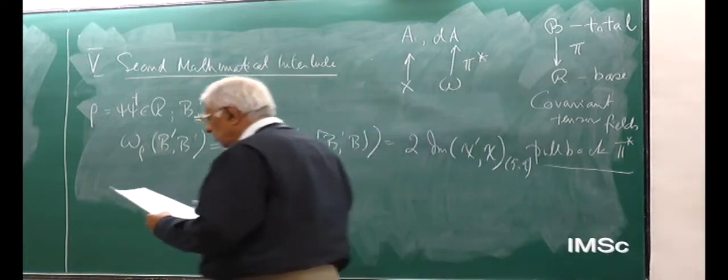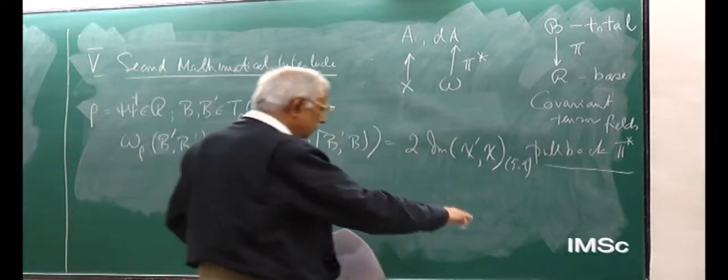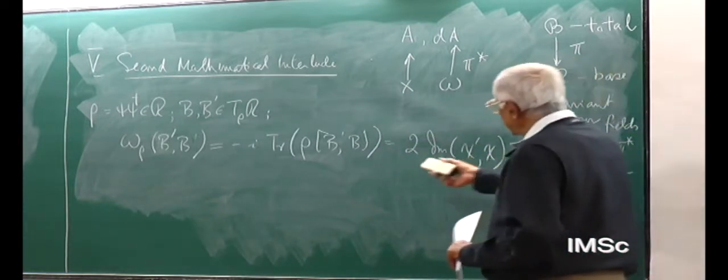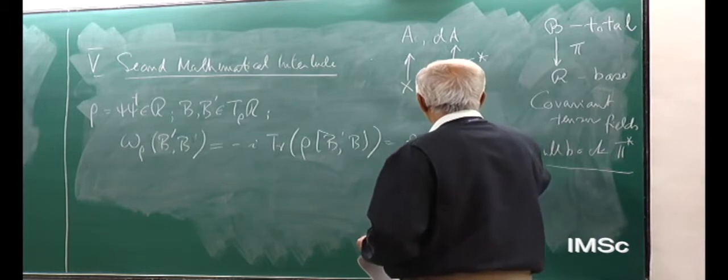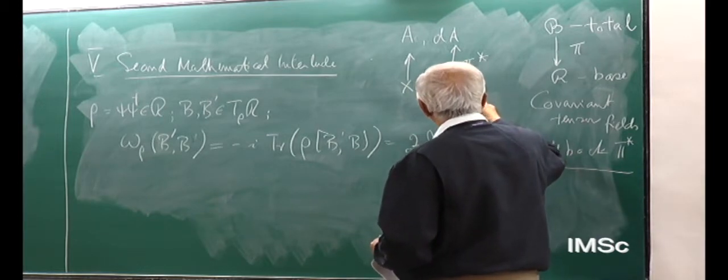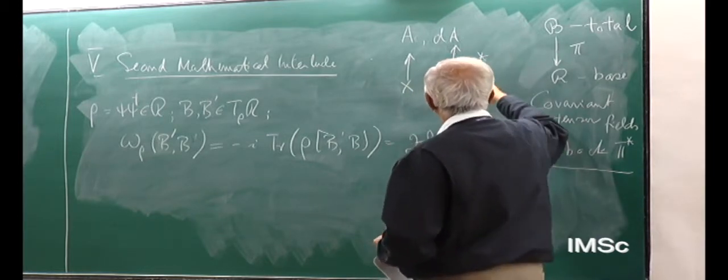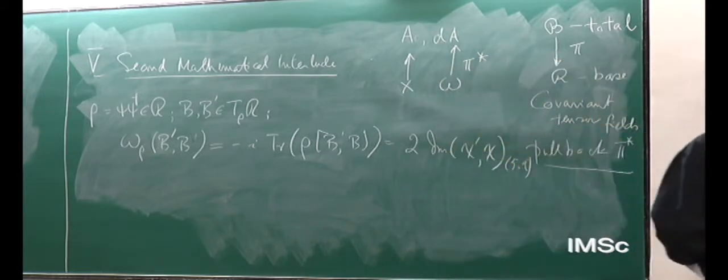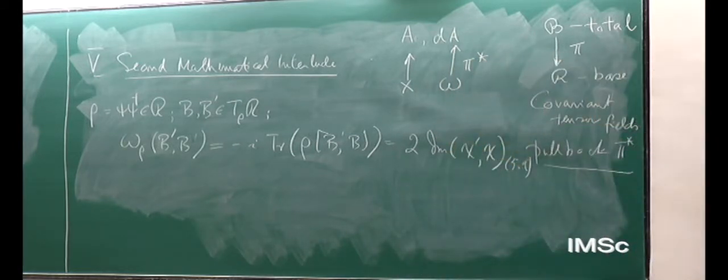So tomorrow I will show you. But accept this structure up to now, and this omega, when it is lifted up by this pullback operation, gives you dA. This is fact. So now I'll go back to the geometric phase.